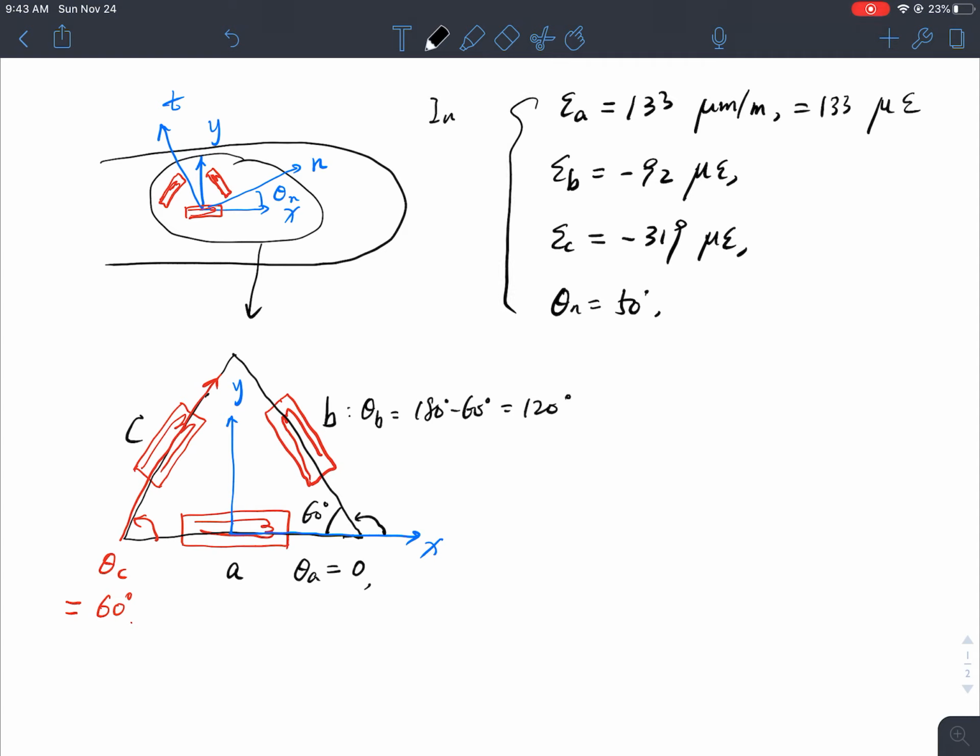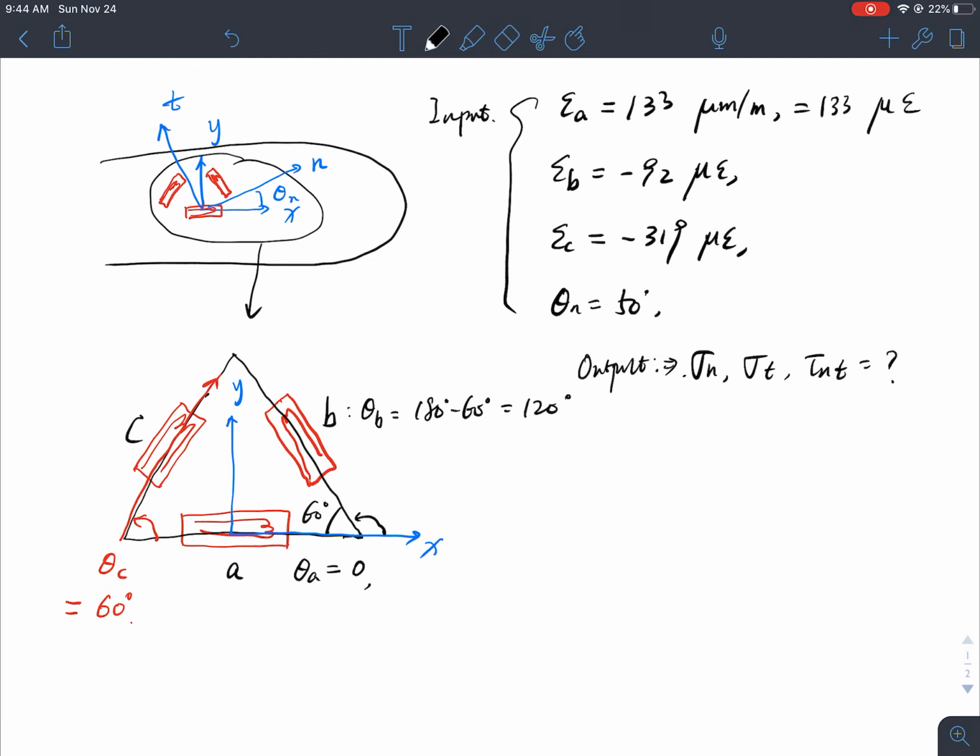These are the inputs. I'm going to ask you, what are the stresses in terms of sigma n, sigma t, and tau nt? These will be the outputs.